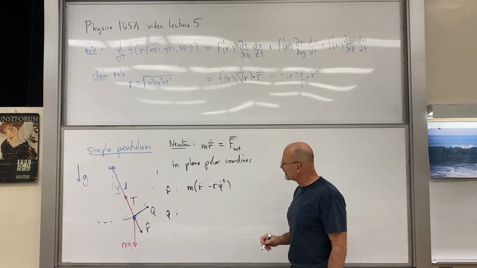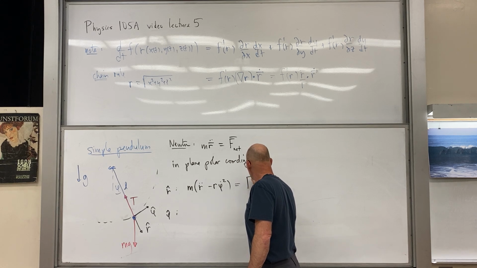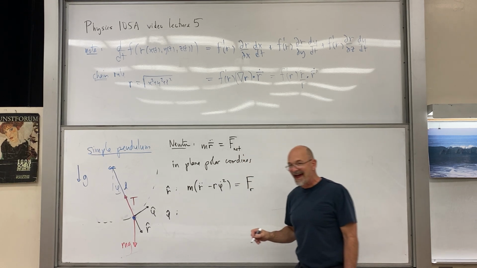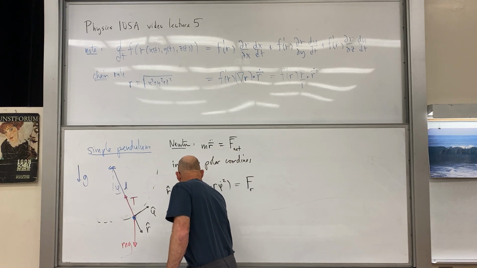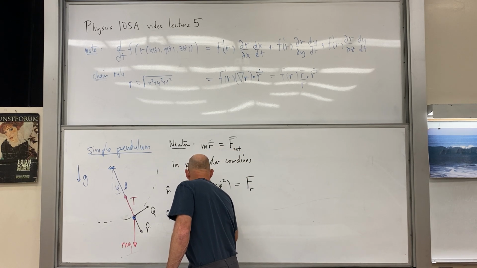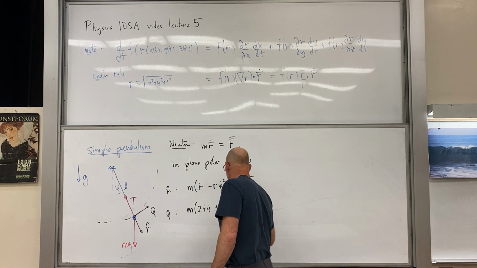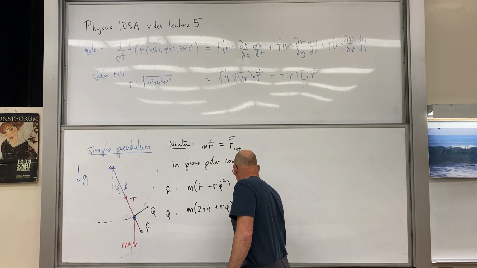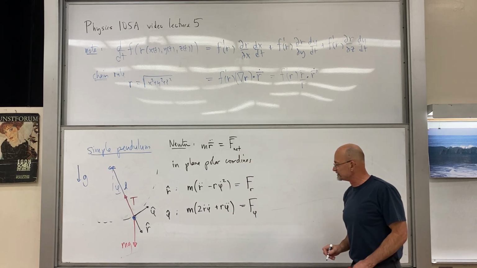That's mass times acceleration, equals the r hat component of the force, and in the phi hat component we'd have m times 2 r dot phi dot plus r phi second derivative, equals F in the phi direction.